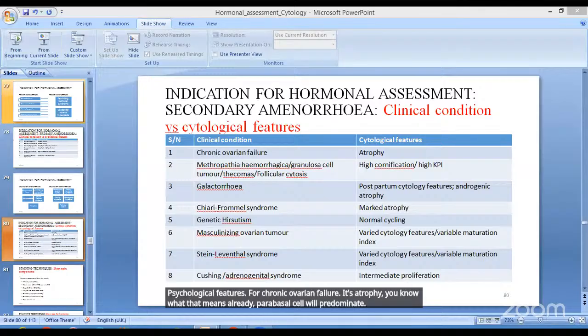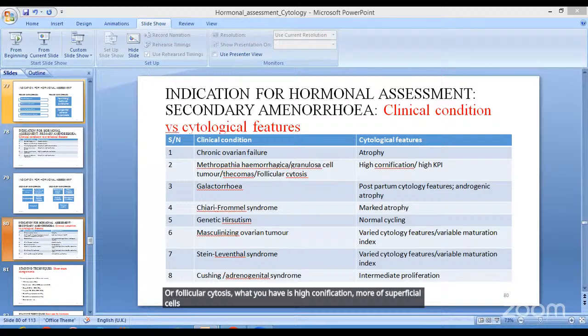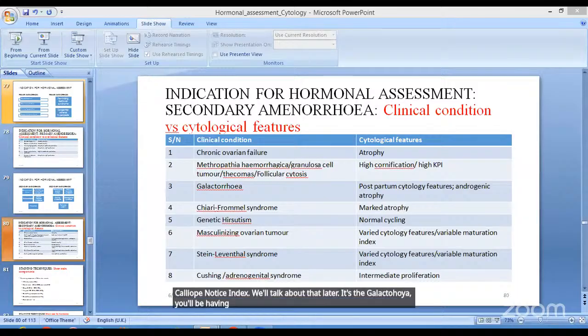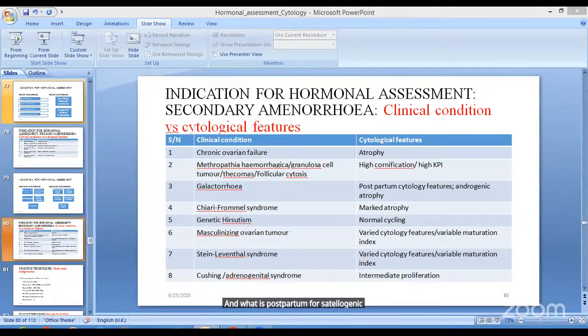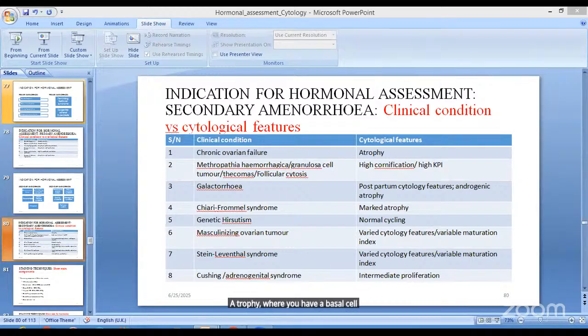If it is metropathia hemorrhagica, granulosa cell tumor, thecomas, or follicular cysts, what you have is high cornification, more superficial cells, or high KPI, karyopyknotic index. We'll talk about that later. If it's galactorrhea, you'll have postpartum cytology features. And what are postpartum cytology features? You know that it is androgenic atrophy, where you have parabasal cells laden with glycogen.